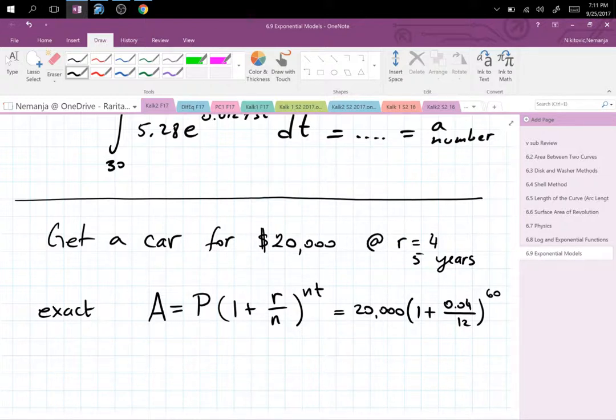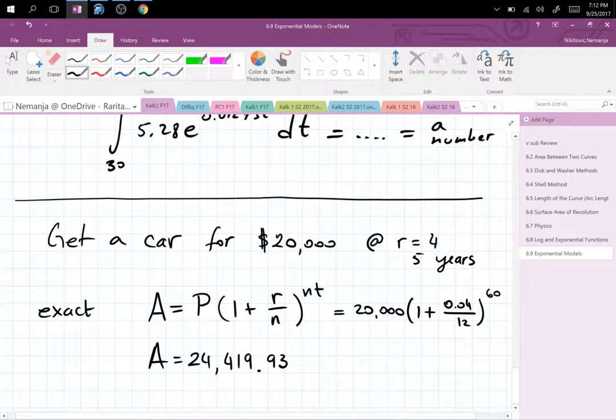And let me just get the app because it's easier. So 20K times 1 plus 0.04 divided by 12 raised to 60. So the amount you owe after interest rate is applied is 24,419 and 93 cents.